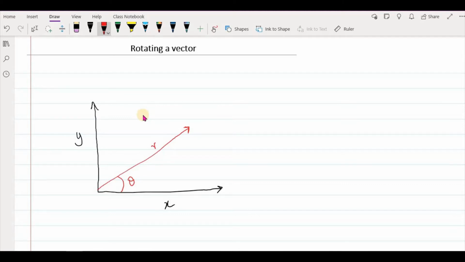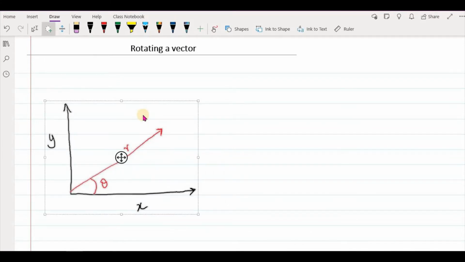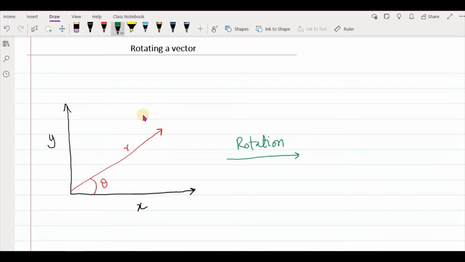So if we rotate this vector, after rotation it will look something like this. Again, the frame is the same as the previous one. So this is the X frame, and the frame remains the same.